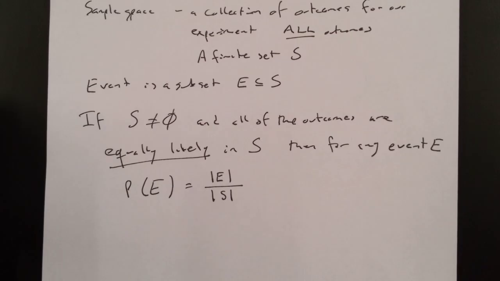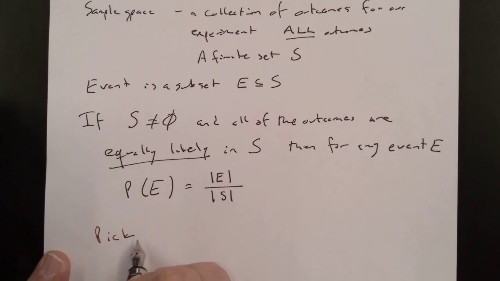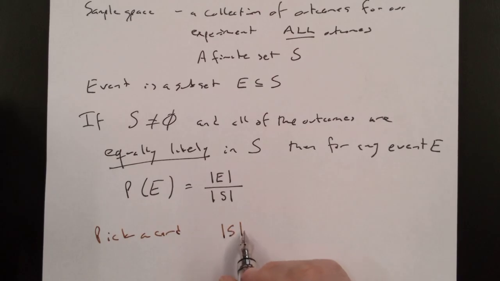Here's a deck of cards. Pick a card, right? You know what a standard deck of cards looks like? How many ways can you pick a queen? There are 4 queens in the deck. There are 52 cards. So if I say pick a card as my experiment, my sample space has 52 things in it.